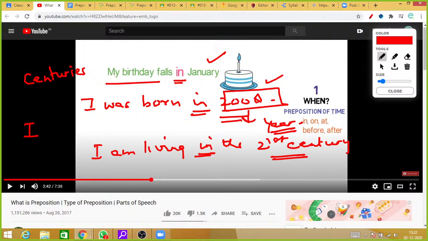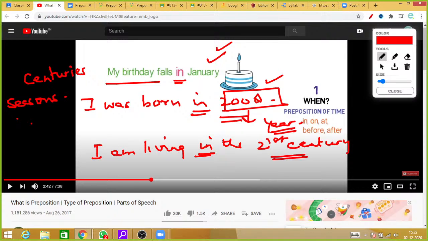And if we have to talk about season, for example, then yes, say. Very good. So my birthday falls in August. So it is again what? It is month. Now, which are the seasons? Who knows which are the seasons? How many? Tell me. Right.